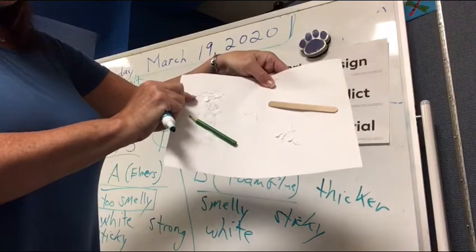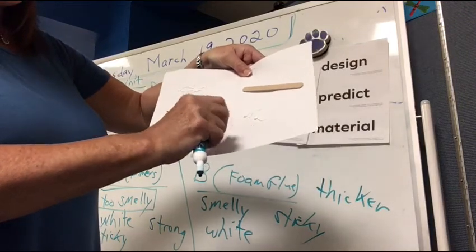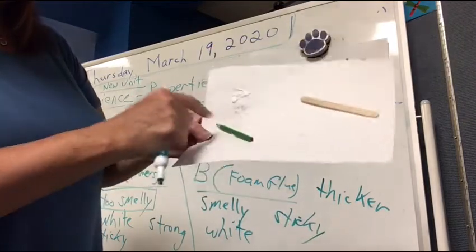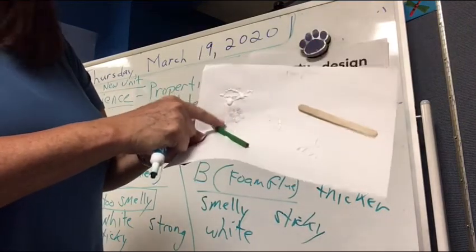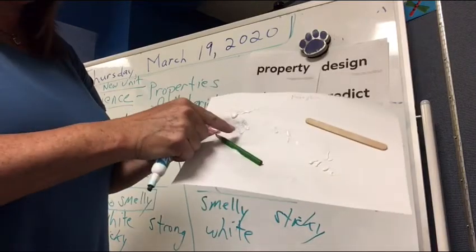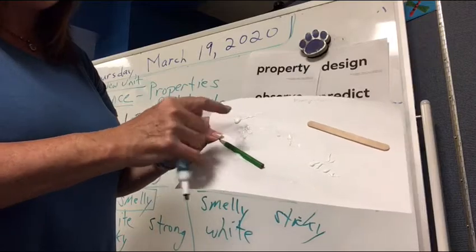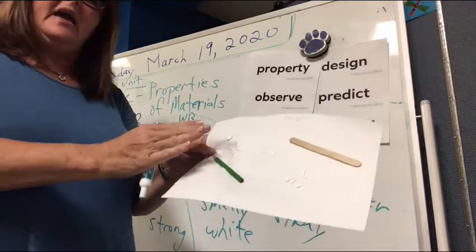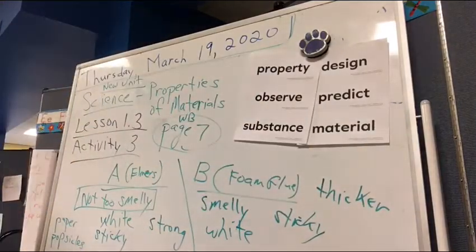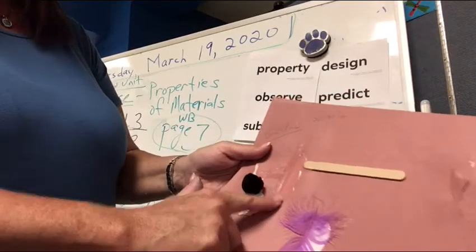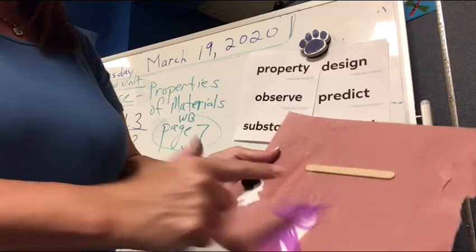Now, it's white and it's strong, but when it dries it's sticky and foam-like. When you touch it, it feels like foam, like puffy, not flat. Whereas with this one, when it dried flat, I could touch it.